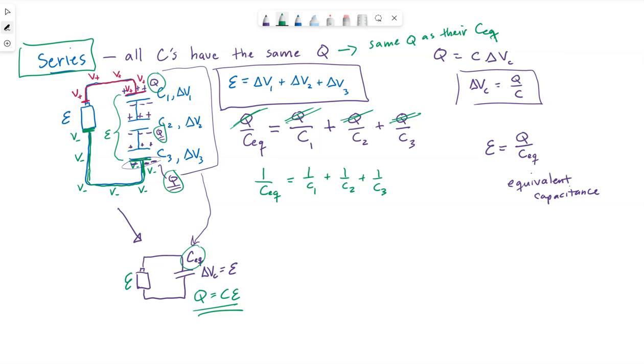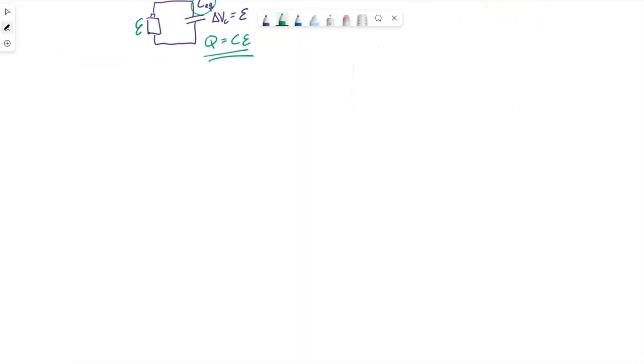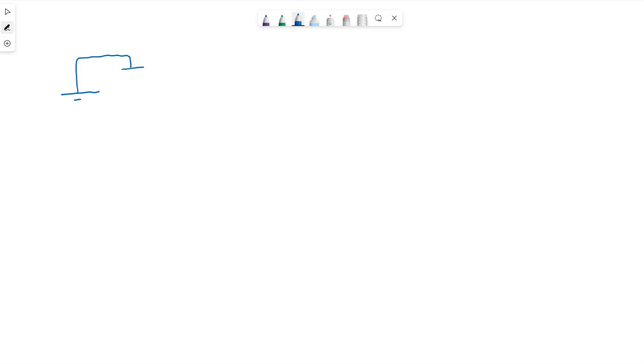Okay. If we know the values of C1, C2, and C3, then we can ultimately come up with an equivalent capacitance. So let's just make up a circuit with some values of a capacitor. Side note, batteries, we often see them drawn as two straight lines, but not equal length straight lines.